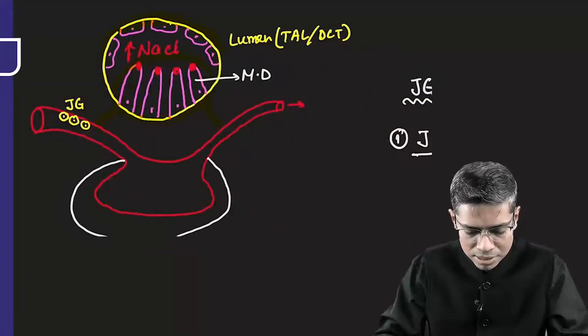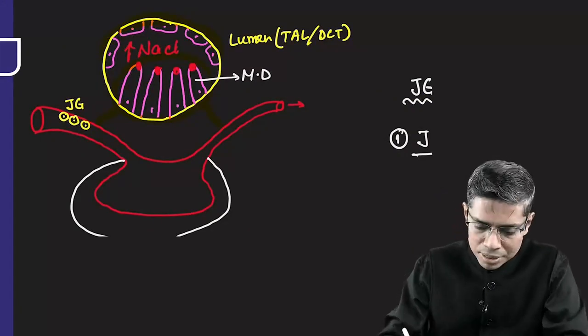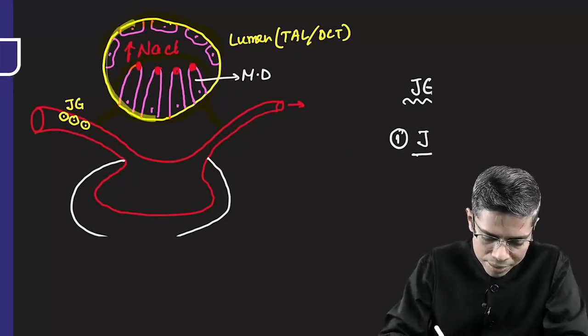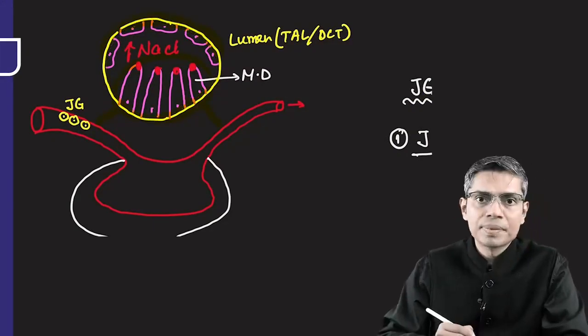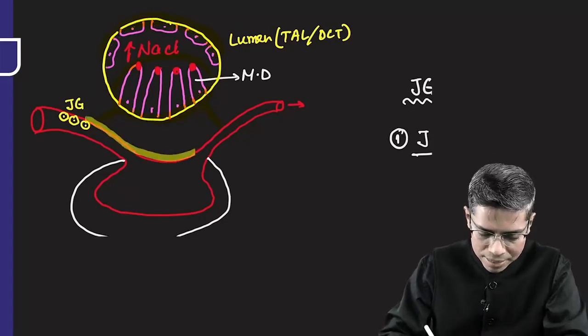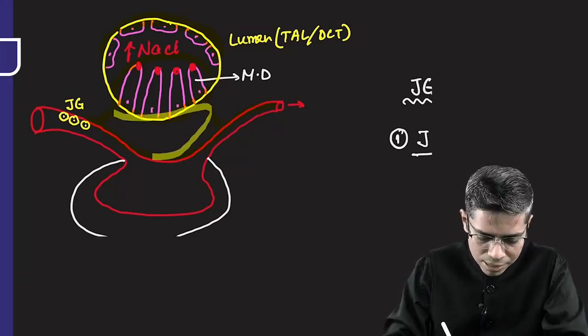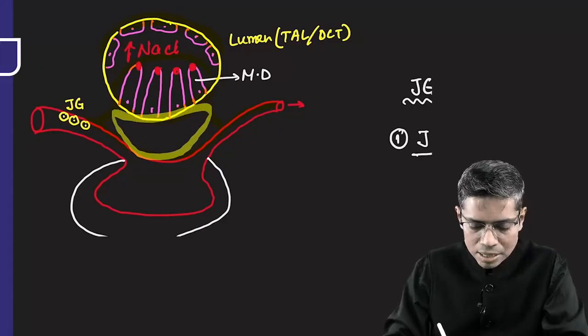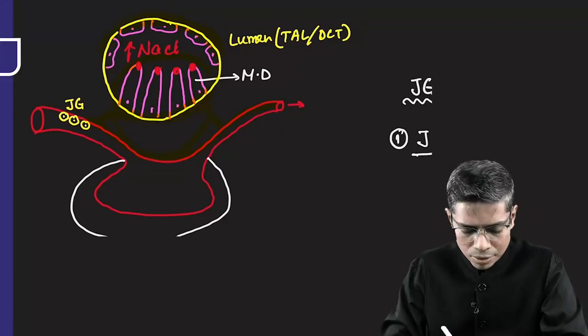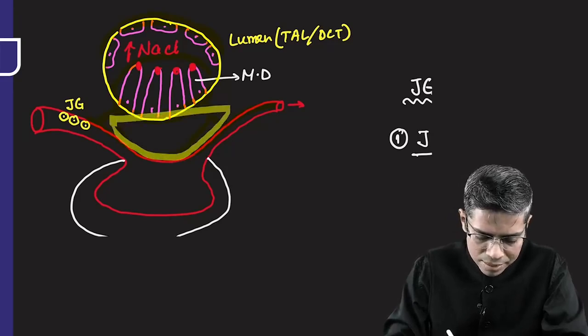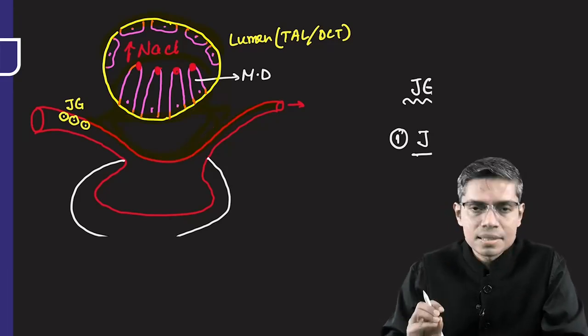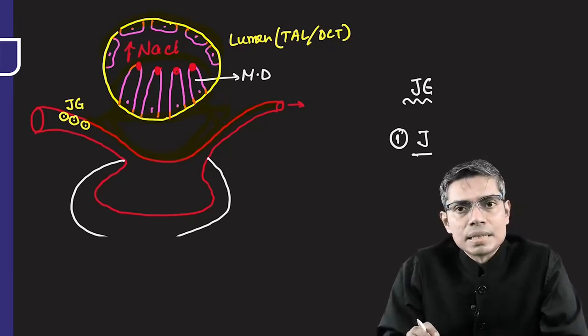If you look at this diagram, this is the tubular lumen, and this is the afferent and efferent arteriole. In between these two structures, there is an almost triangular space. In this triangular space, there are certain mesangial cells.